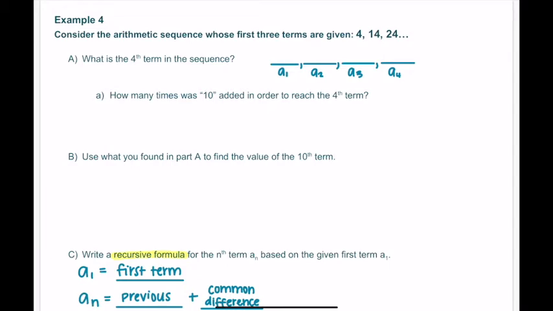So we have a sub 1, or the first term, is 4. The second term is 14, then 24. So what would that fourth term be? You probably didn't even have to use the common difference. It's 34, because it's pretty easy to see that we're adding 10 each time.